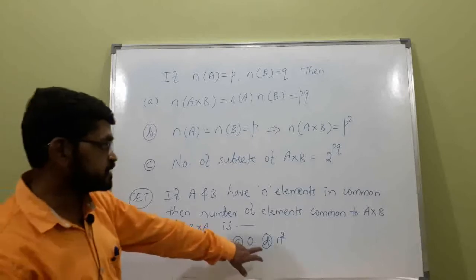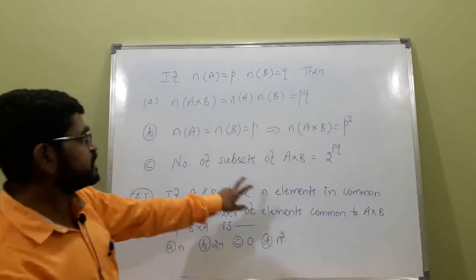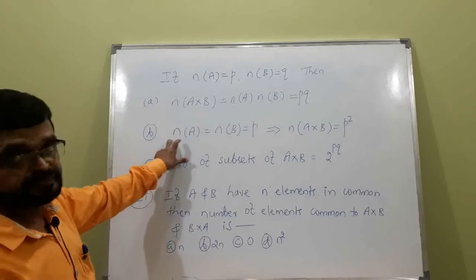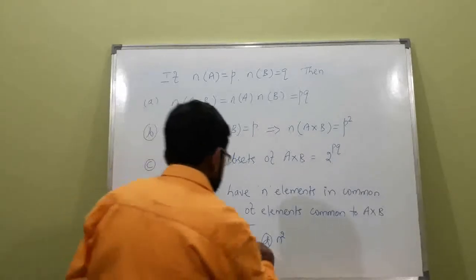The correct answer: n elements are common means n into n, which is n squared. That directly follows from this. So the correct answer is D.